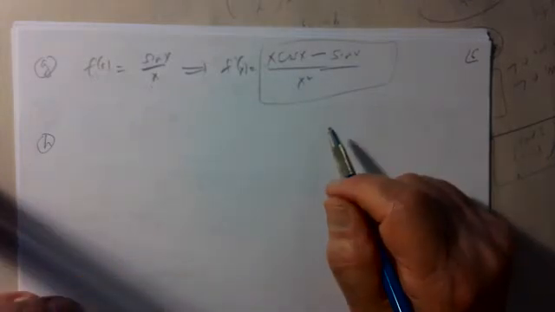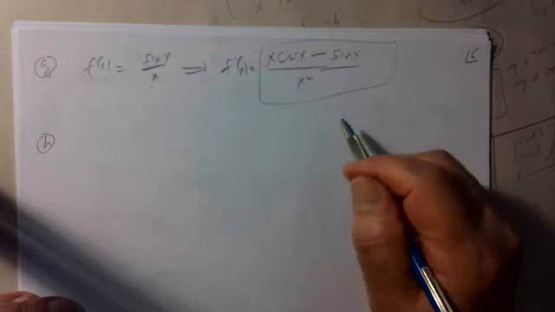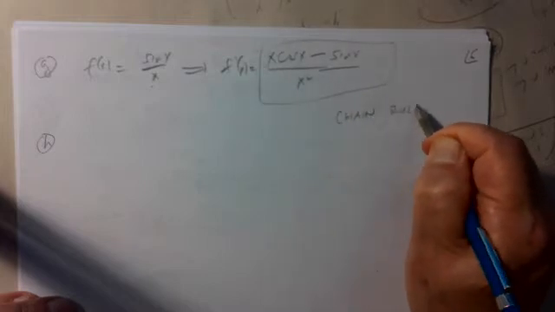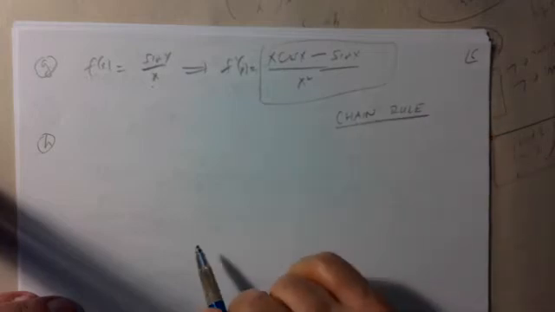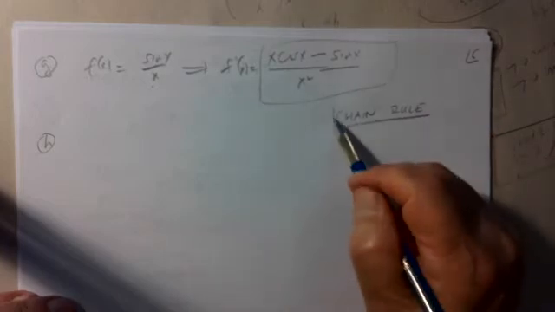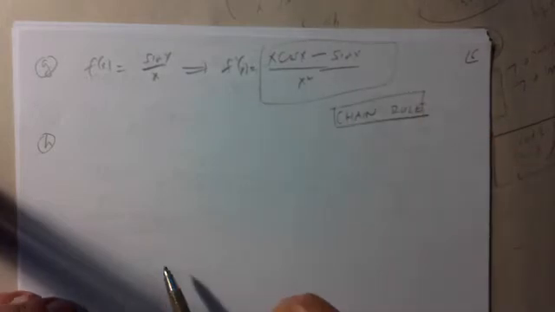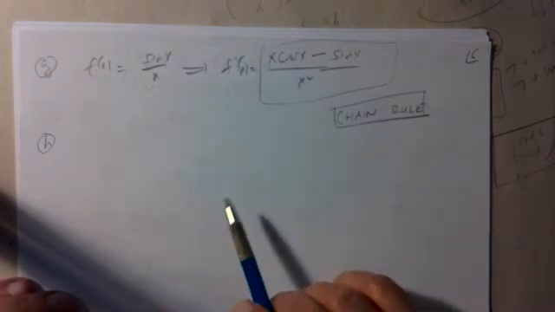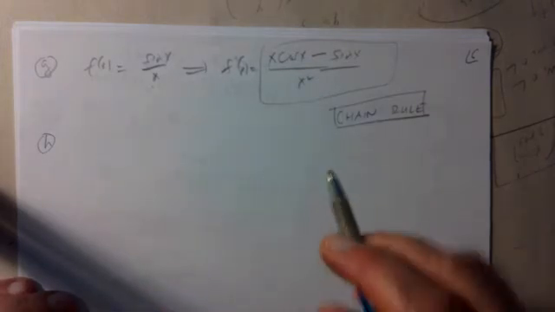Now, in problem 8, we use the chain rule. So this is in the first lesson for tomorrow, but the exam covers everything according to the syllabus, so includes the product rule, the quotient rule, and the chain rule.